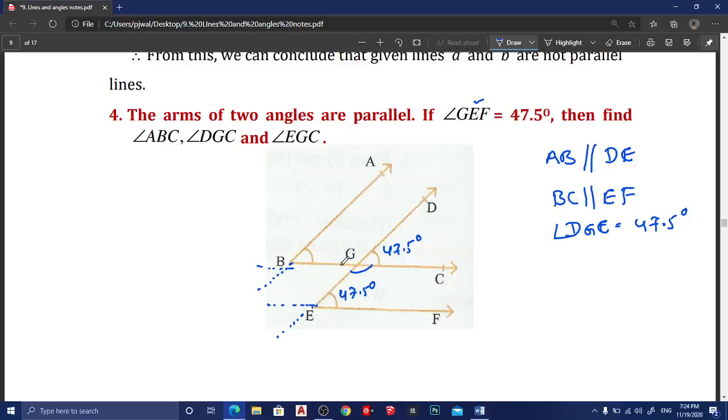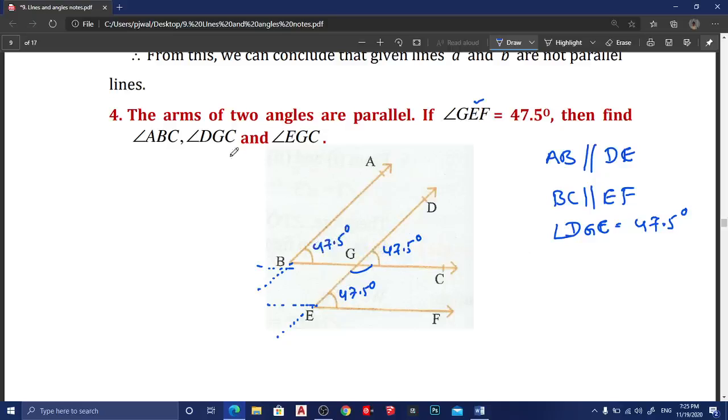Now you can again observe here, you know this angle. At the same place, this angle is existing. So now these are corresponding to each other, and corresponding angles are equal to each other. Therefore, this angle is also equal to 47.5 degrees.